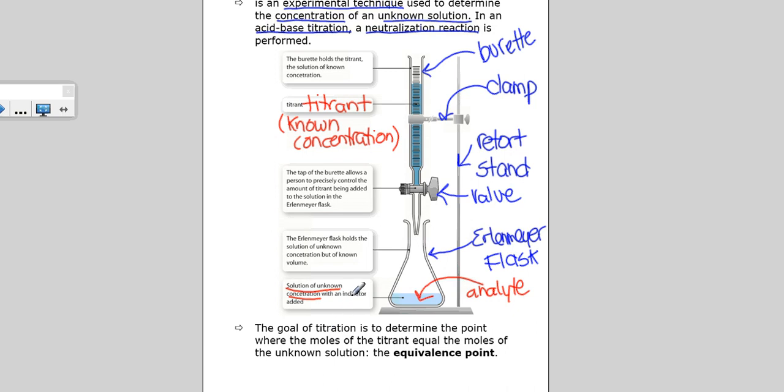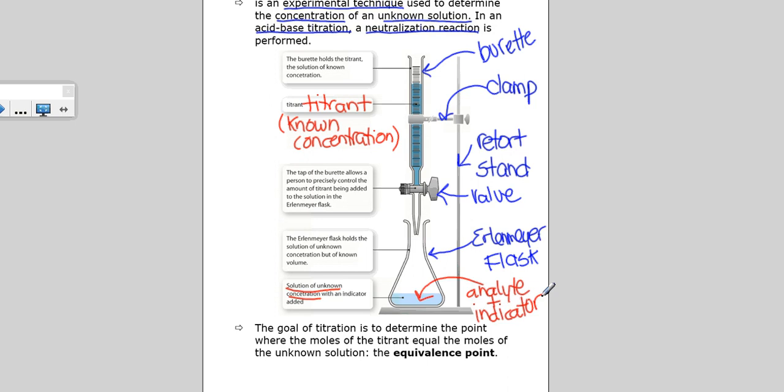You also need to add something to that solution. So in there we put an indicator. So one of those chemical indicators that you might have seen before, phenolphthalein is very common, or methyl orange. There's lots of them, but you need an indicator.